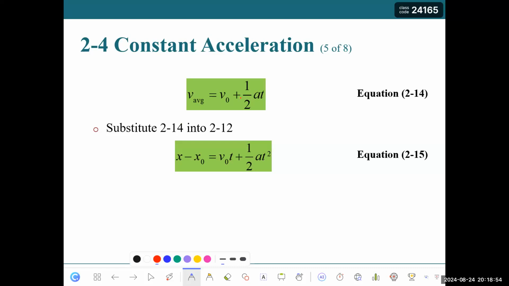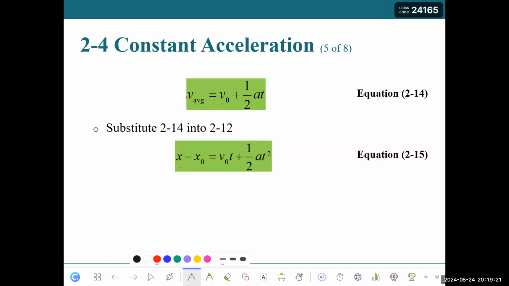The third equation comes from v average equals v naught plus half at squared. And the fourth equation we use is x minus x naught equals v naught t plus half at squared. All you have to do is replace this, changing this with divided by time.